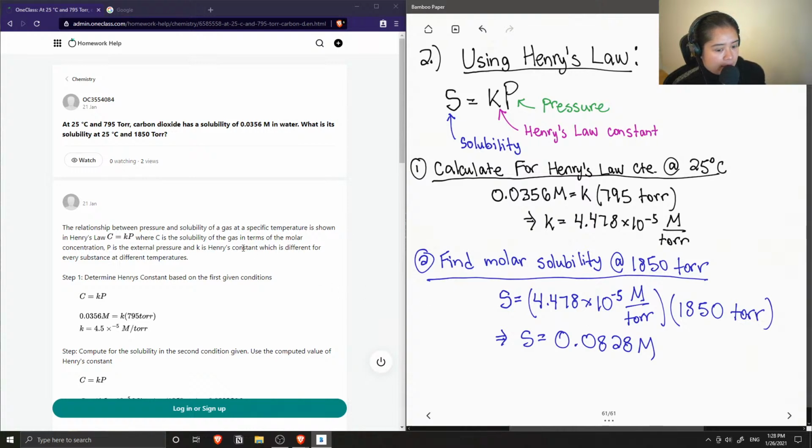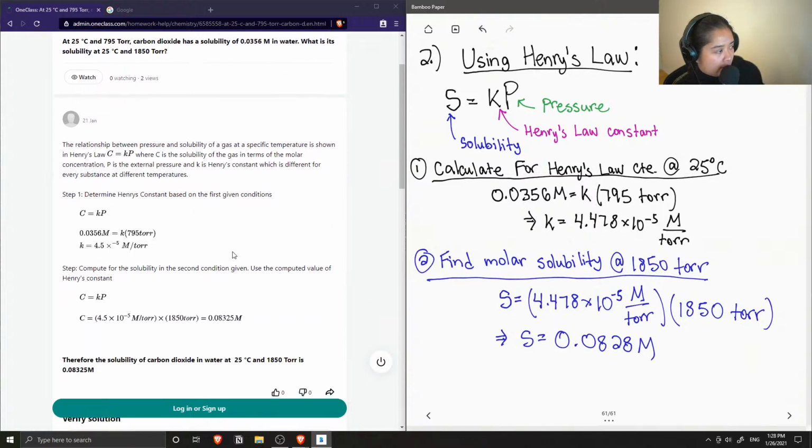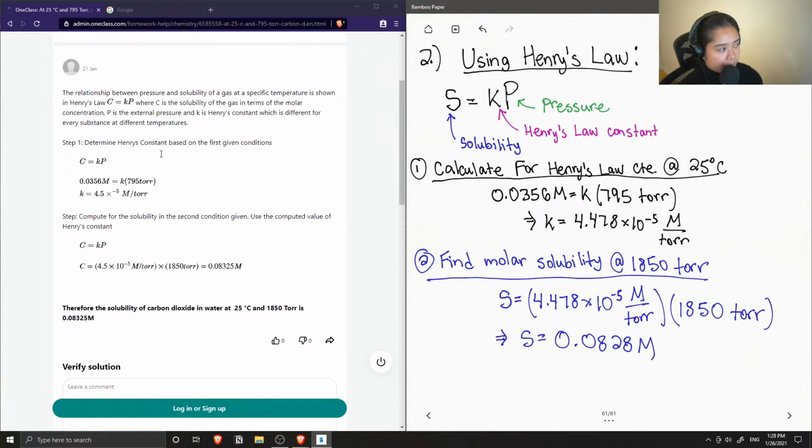Okay, so now let's see what the junior tutor said. The relationship between pressure and solubility of a gas at a specific temperature is shown in Henry's law. So they have C equals Kp, where C is the solubility of the gas in terms of the molar concentration, P is the external pressure, and K is Henry's constant, which is different for every substance at different temperatures.